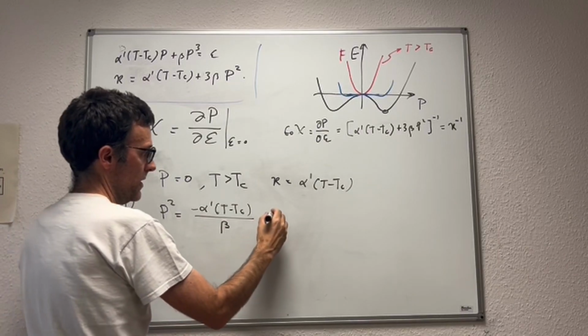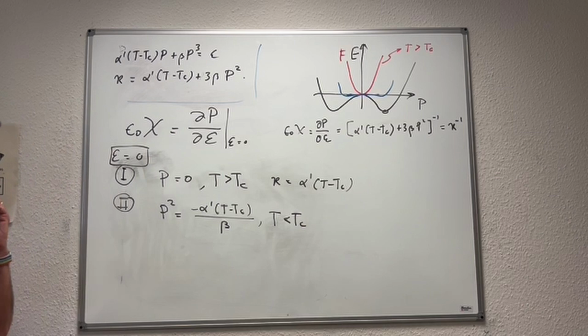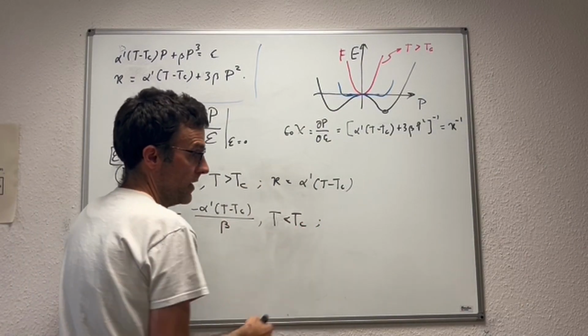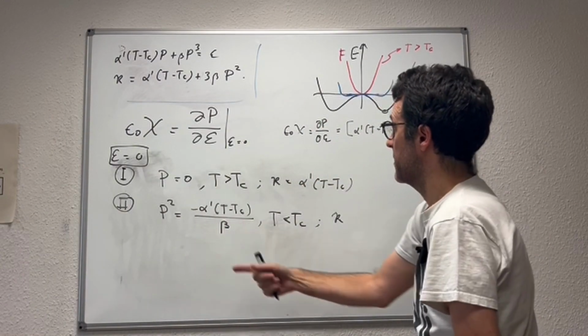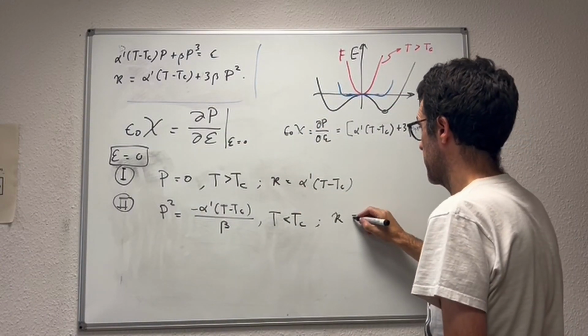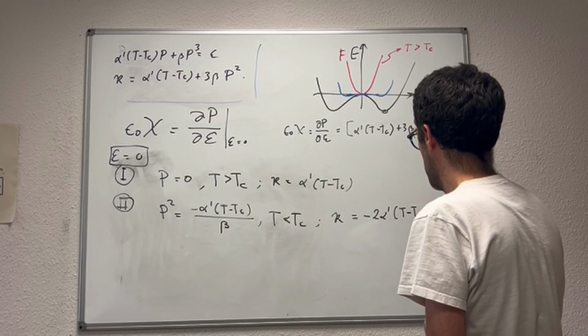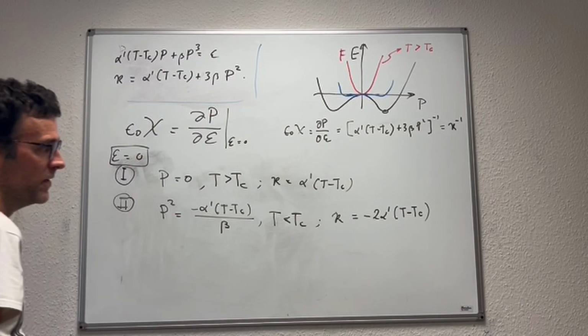These solutions exist and are minima for T lower than Tc, and they give us a stiffness, if you recall. By plugging this in here, we get that kappa is minus 2 times alpha prime (T minus Tc). So we have a very interesting situation.